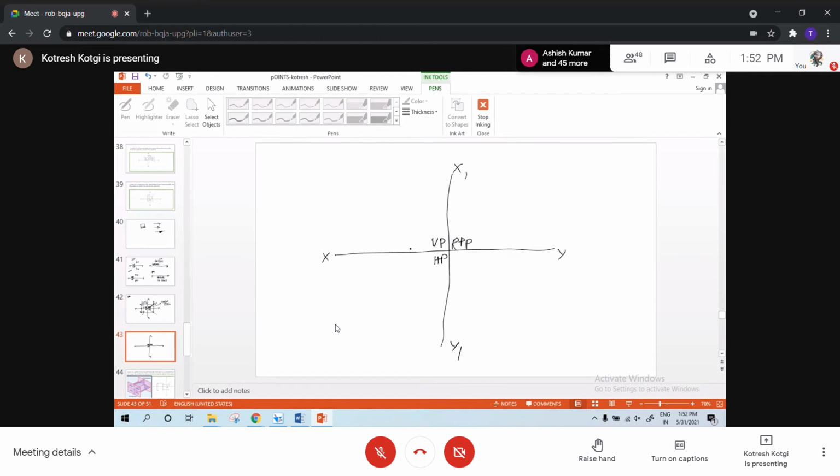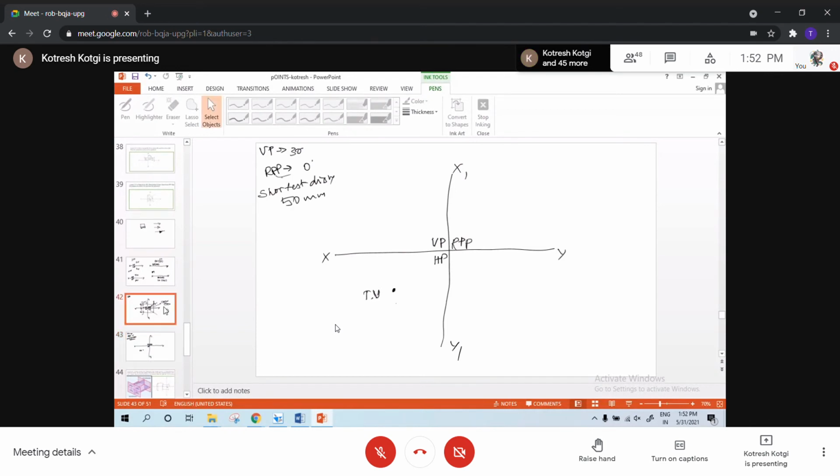Instead of giving data for the front view, top view and distance from RPP, assume they have given distance from VP, say 30, and from RPP, say 40. So in that case, measure 40 from X1, Y1 and 30 from XY. Draw the top view first, top view of some point A, B, whatever it is. Now this is the top view. Along with this, assume that they have given the shortest distance of the side view, say 50 mm.